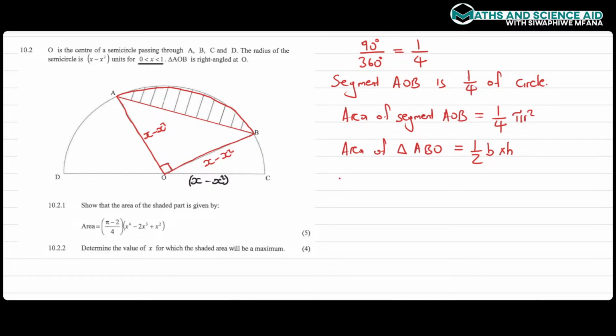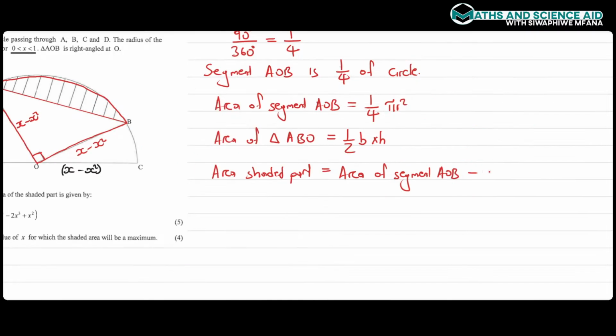And now, therefore, the area of the shaded part, I'll just continue to write all of this in red, is simply going to be the area of segment AOB, that whole segment, minus the area of the triangle ABO.